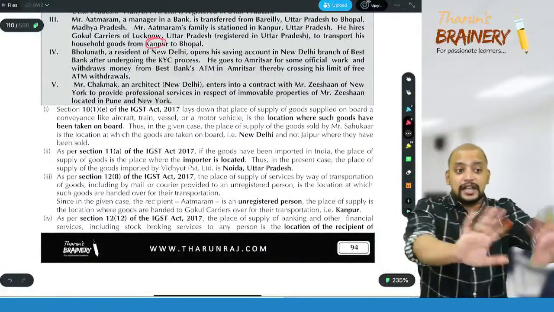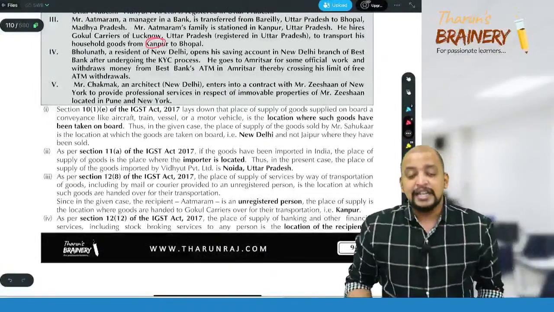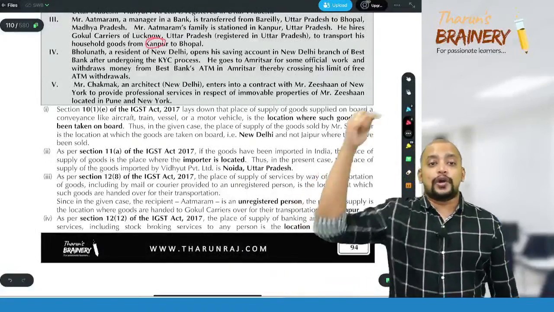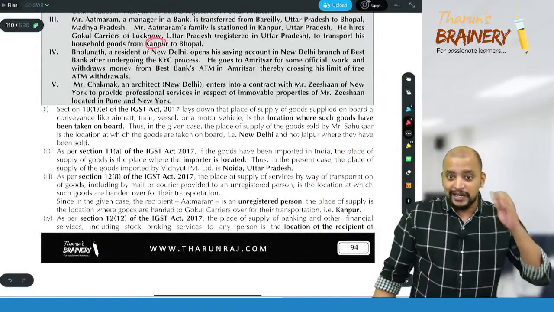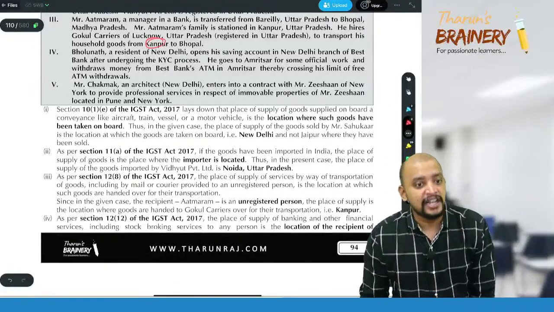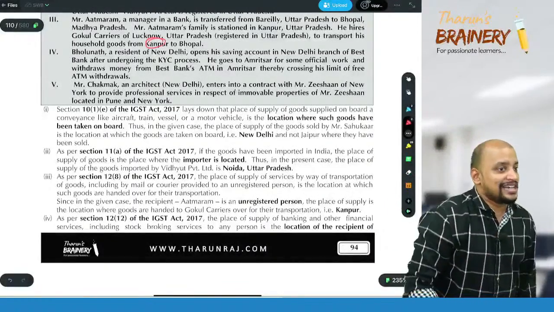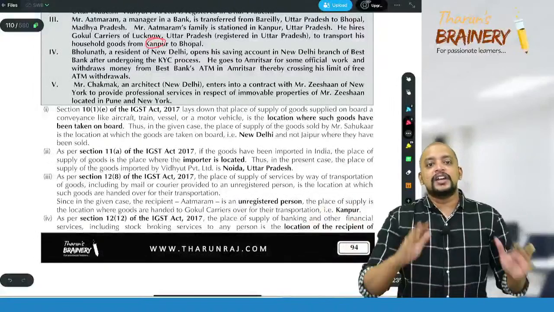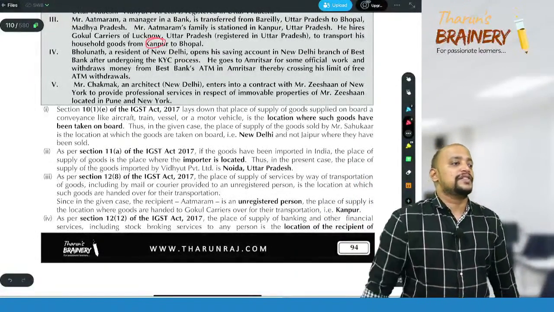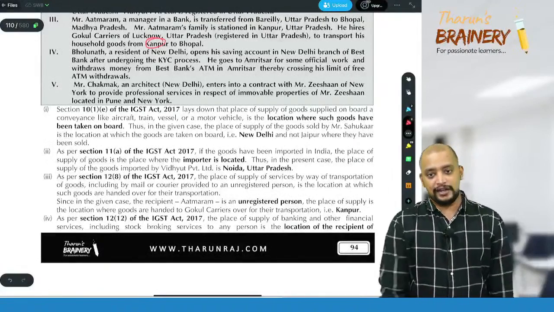They did not ask about taxability, but I am explaining. The entire amount will be taxable in India, and we need to allocate that between states as per 13 subsection 7. If within India there is no more than one state, for the entire amount it will be taxable in India, and the place of supply should be taken as Pune. Understood?